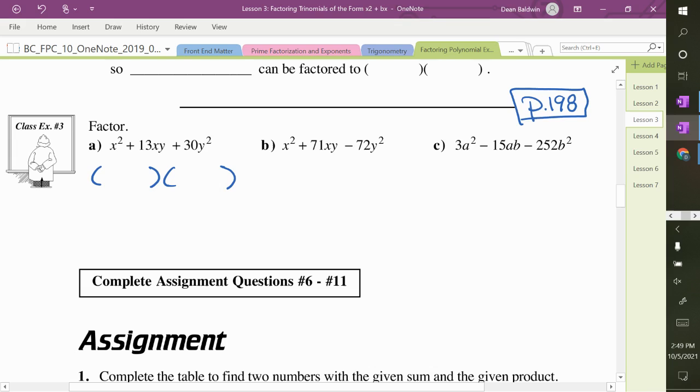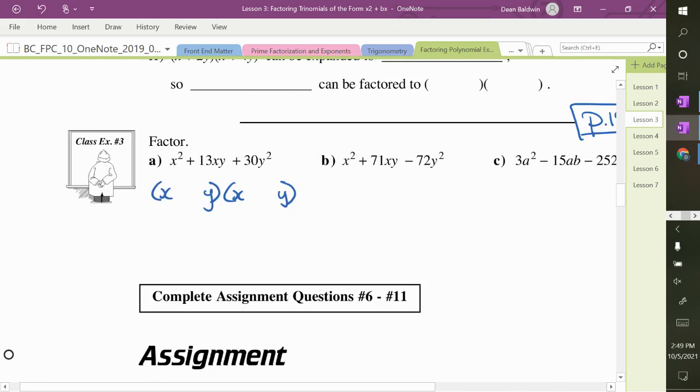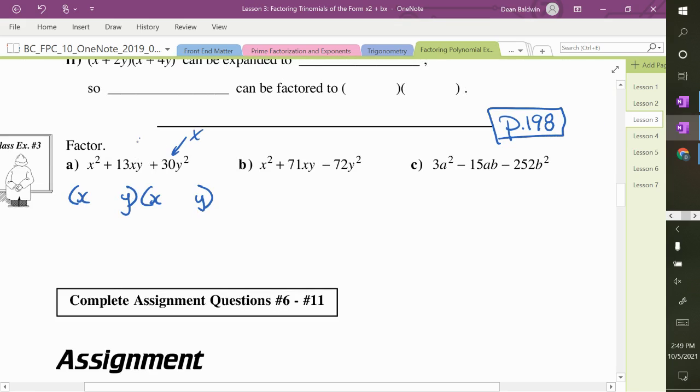X, because when you multiply them together, you have to get an x squared. The only difference now is the last half of the bracket will have a y there. Then you just look at the numbers and do the same thing. What multiplies to 30 and adds to 13? That's it. Because 10y times 3y gives you 30y squared.